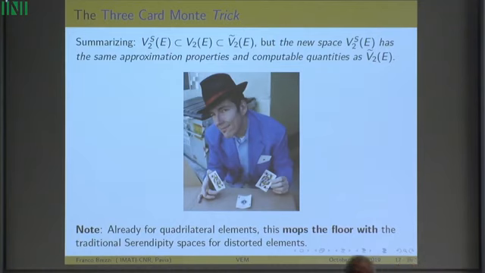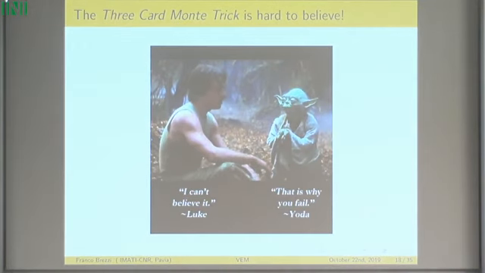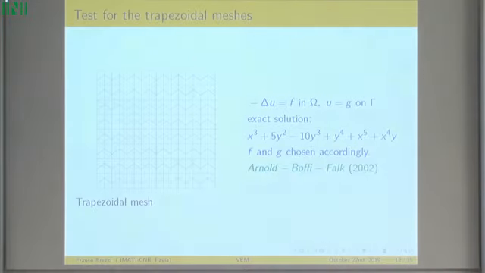I say, come on, you are cheating. In particular, if you are Italian and you present a trick like that, everybody will laugh. But, okay, maybe it really works. It's hard to believe, but it does work, you see?